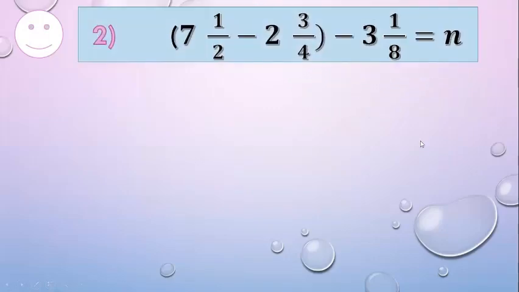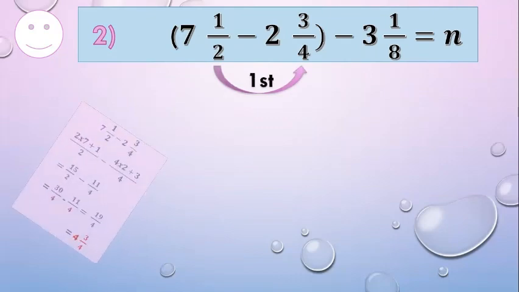Now, let's check whether the two equations could arrive with the same answer. Okay, remember we are using this second equation. You have quantity 7 and 1/2 minus 2 and 3/4 minus 3 and 1/8 equals n. Does it give us the same answer? I hope so. So let's work first with this. We're going to subtract.